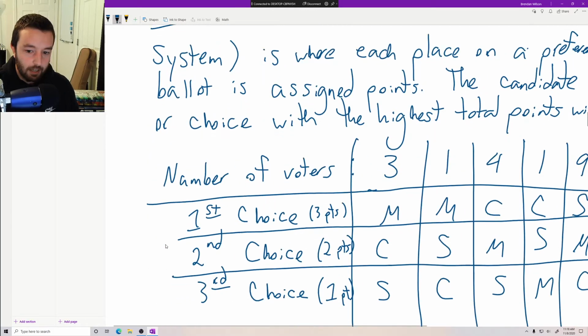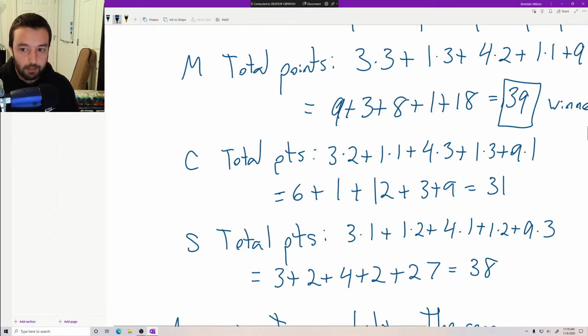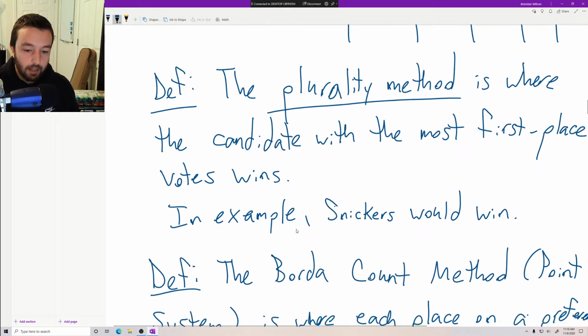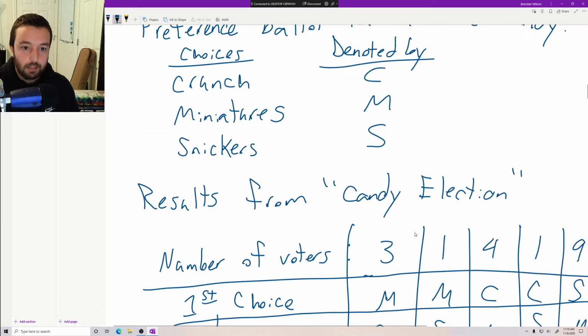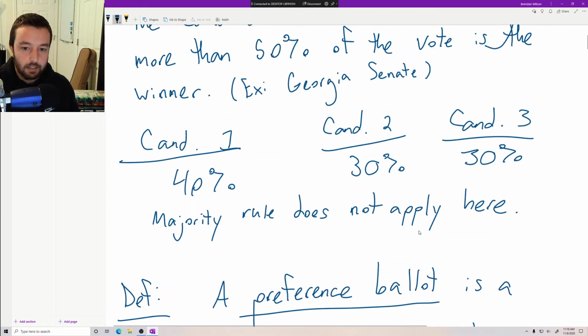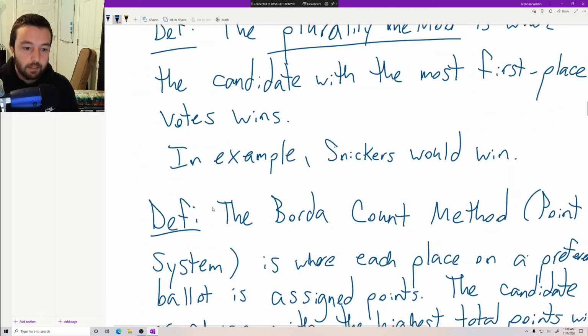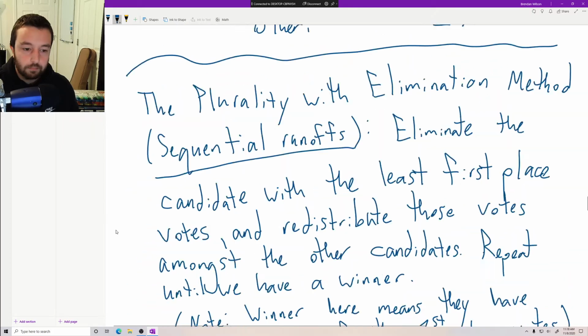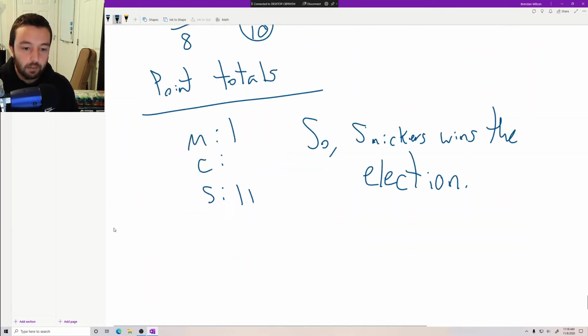And as a reminder from last time, it did not win the Borda count method. With the ranked choice system, the miniatures won. With the plurality method, Snickers did win because they got the most first place votes. And I think that's all we did with that example. So out of 3 of the 4 methods we looked at, Snickers did win.